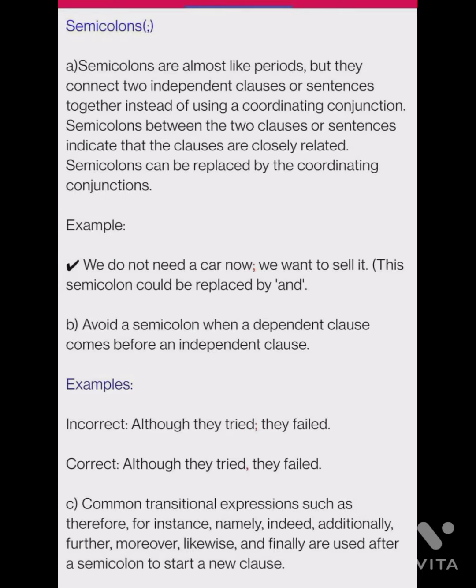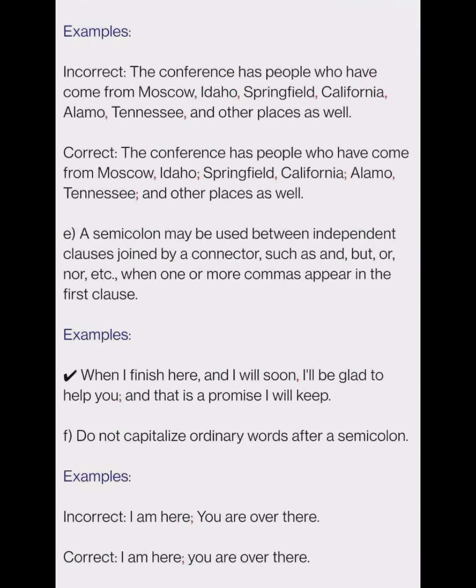And use a semicolon to separate units of a series when one or more of the units contain a comma. I have an incorrect sentence here and a correct sentence also. See the incorrect sentence: the conference has been attended by people who have come from Moscow, and so on.